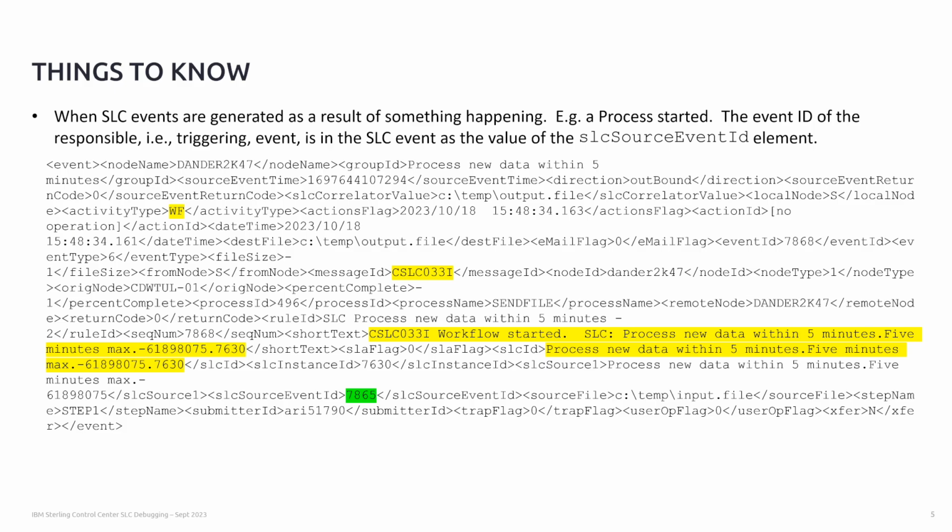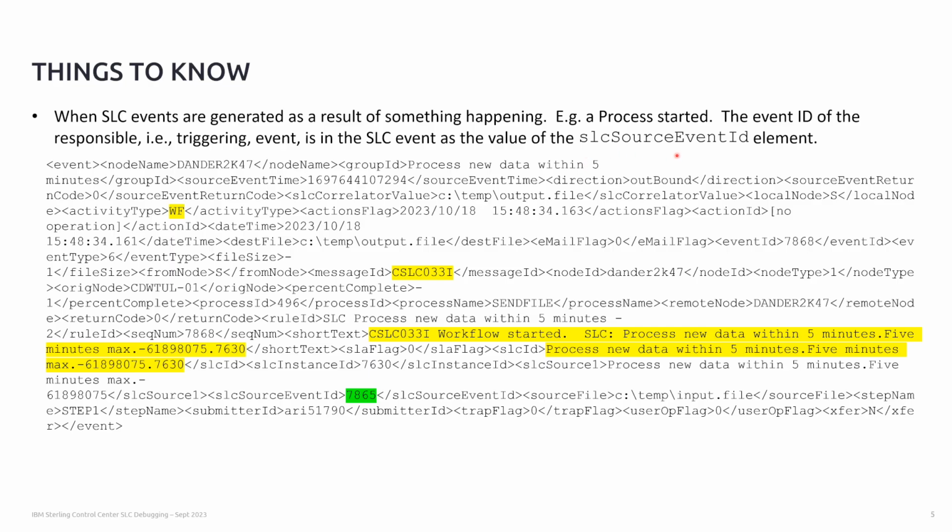Here you can see an actual SLC event. This one was actually about something that did occur. A process started, and I wanted to point out that if you wanted to know what caused this SLC event to be generated, besides your SLC being there, you can look for the value of the SLC source event ID right here.